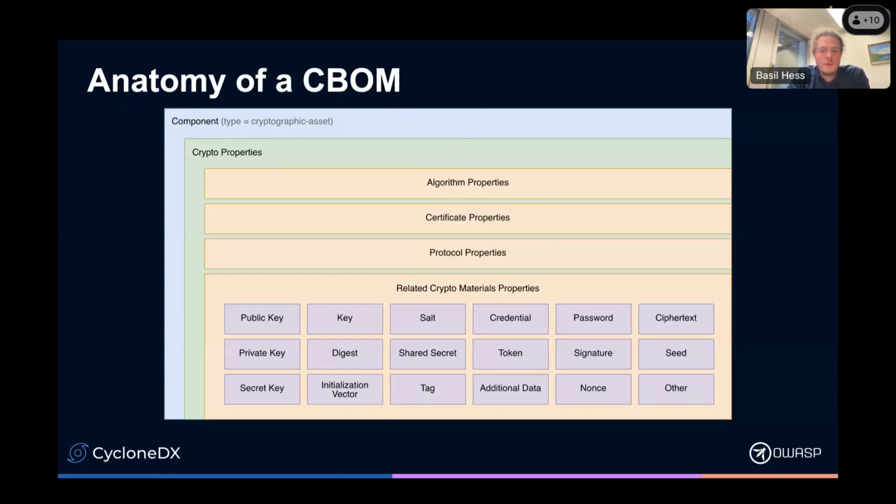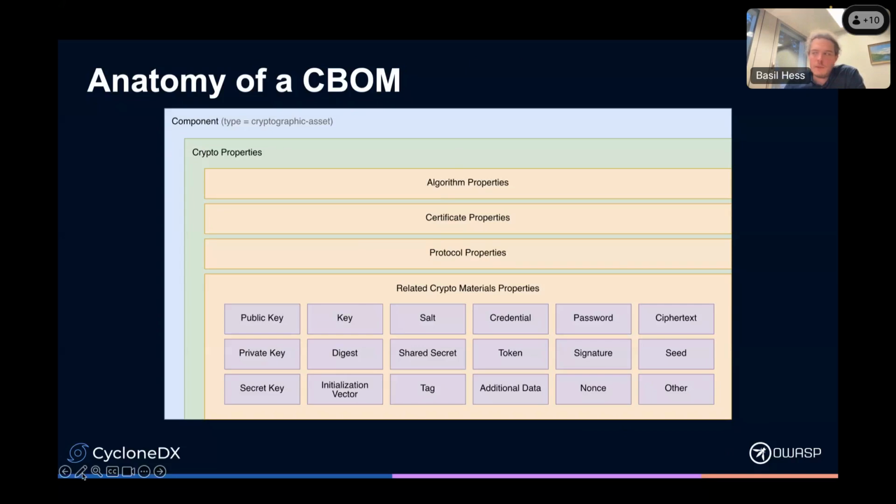Like protocols, you can think about TLS 1.3, that in turn again uses certain cryptographic algorithms, and other related crypto materials. There we put in things like keys, right? Private keys, secret keys, public keys, or tokens, so that they can all be expressed in a CBOM.